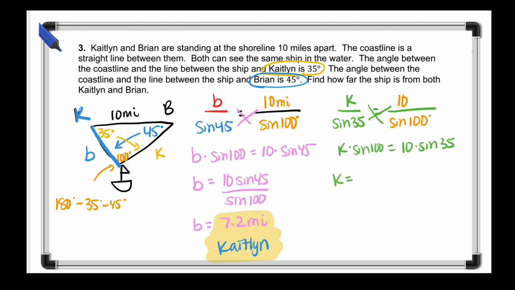Divide, again, both sides by the sine of 100 degrees. So it's 10 times sine 35 over sine of 100. So my side K is going to be 5.8 miles. So again, even though we're looking at side K, that is the distance between Brian and the ship. So 5.8 miles is the distance between Brian and our ship.